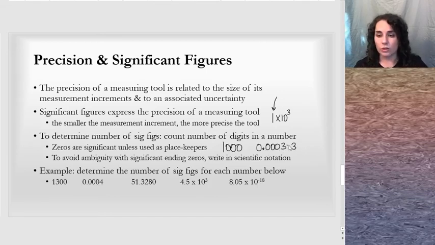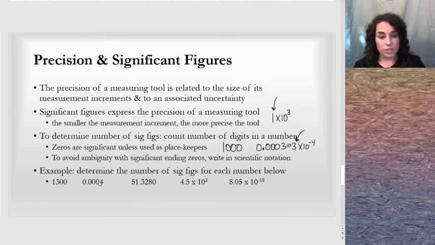Again, this is actually 3 times 10 to the negative 4th power, right? And there's still 1 digit out front that we really know. So when I look at these, to avoid ambiguity with significant ending zeros, write in scientific notation. That was my example. Write these in scientific notation, and that allows you to see the significant figures better.